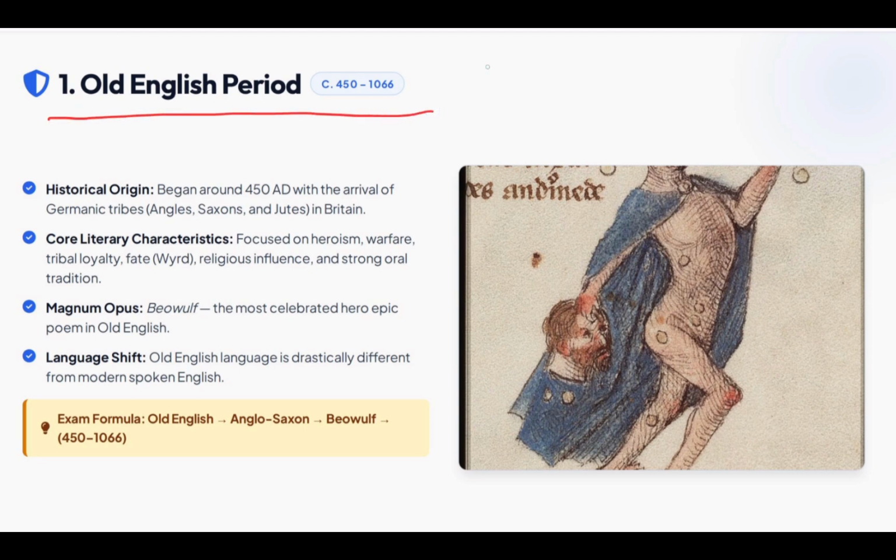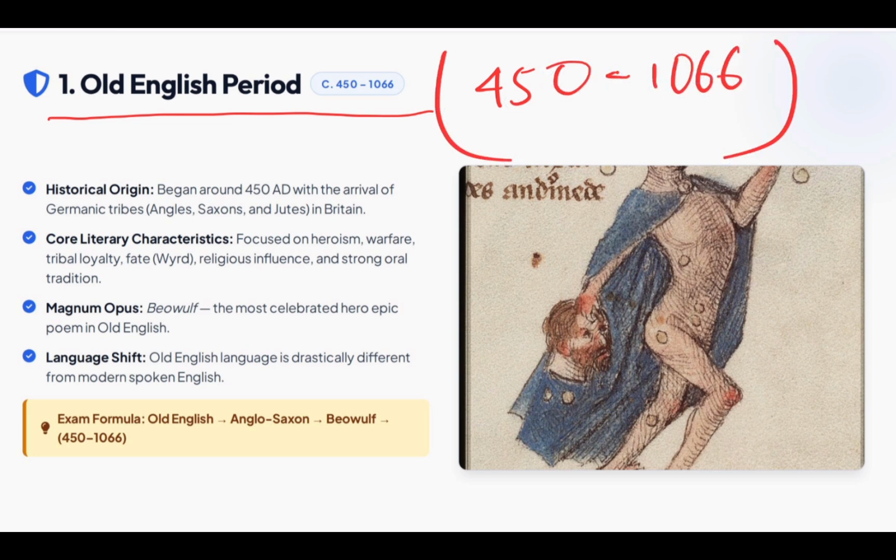The Old English period runs from 450 AD to 1066. Historically, it begins around 450 AD with the arrival of Germanic tribes. These tribes came from Germany, that is, the Angles, Saxons, and Jutes. They invaded Britain.